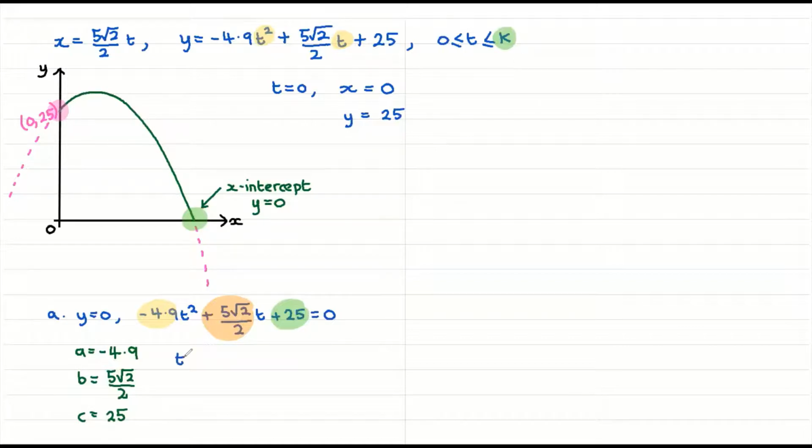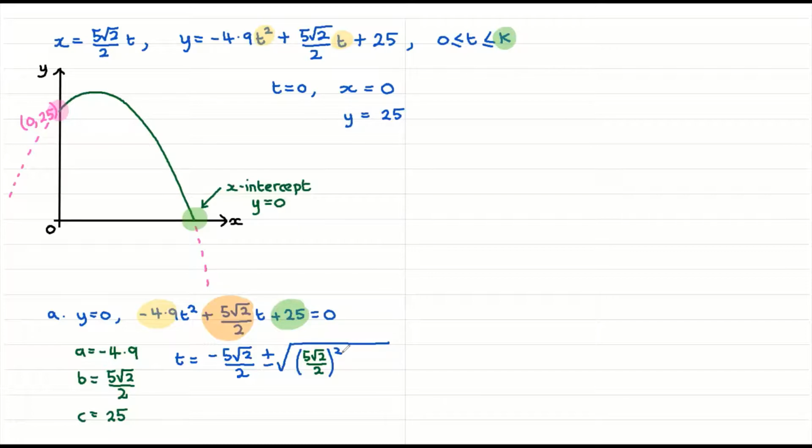So t would simply be minus b. So that would be minus 5 root 2 over 2 plus or minus the square root of the discriminant. Now the discriminant is obviously b squared, so that's going to be 5 root 2 over 2 all squared. Don't worry about this, because we're going to use the equation solver on the ClassWiz to do this. We're not going to have to input all this by hand.